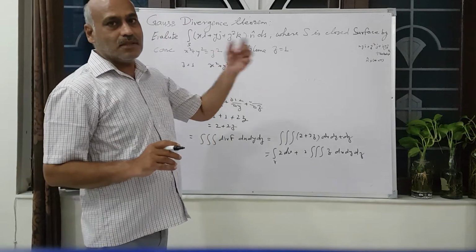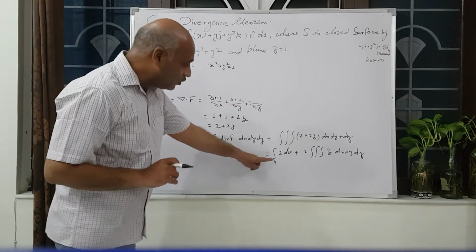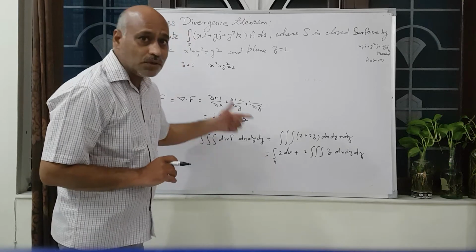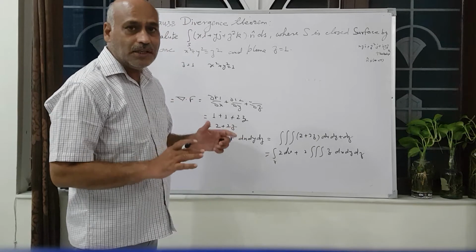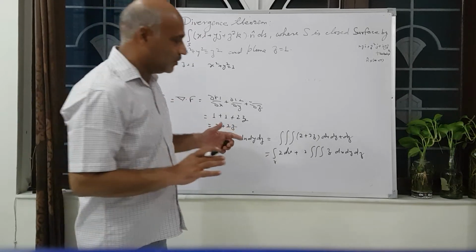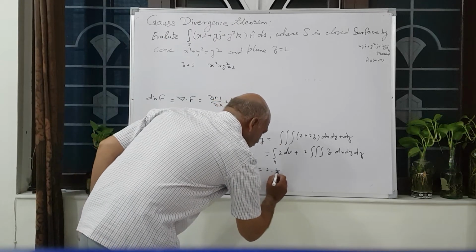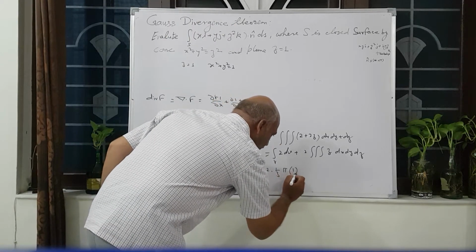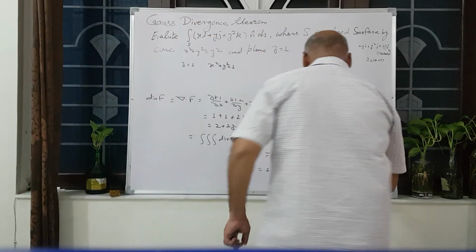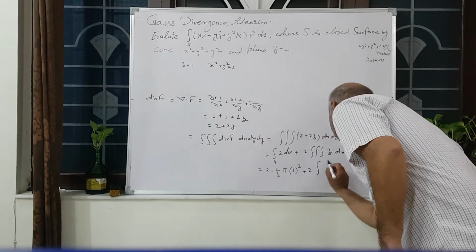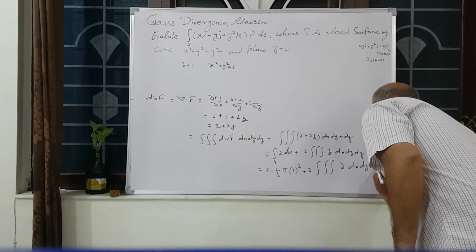Z is 1 means the height is 1. So the volume of the cone is 1 upon 3 pi r square h. So this becomes 2 times 1 upon 3 pi, r square h, with h equal to 1, plus 2 times the triple integral of z dx dy dz.